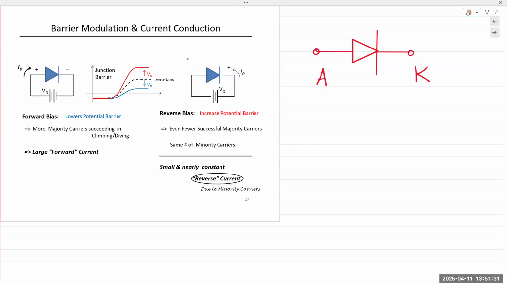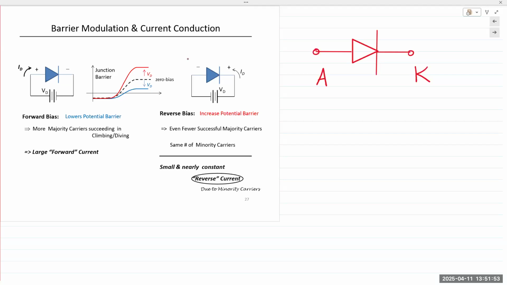What do these stand for? Anode and cathode. That's what they used to call them, A and K. Now I think some authors have started just referring to them as A and C. But again, C is for capacitance, for coulombs. And so that convention K has been carried over from the vacuum tubes. Anode and cathode.